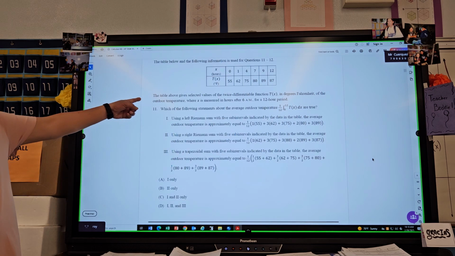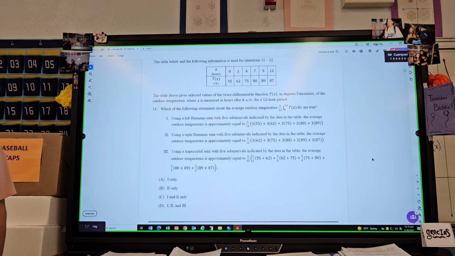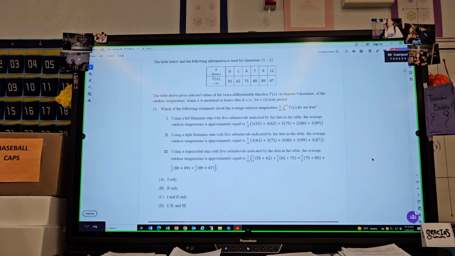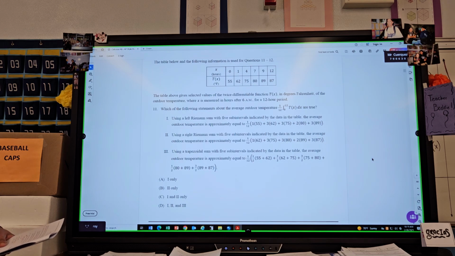The table above gives selected values of the twice differentiable function T of x, in degrees Fahrenheit, of the outdoor temperature, where x is measured in hours after 6 a.m. for a 12-hour period. Which of the following statements about the average outdoor temperature, 1/12 times the integral from 0 to 12 of T(x) dx, are true?